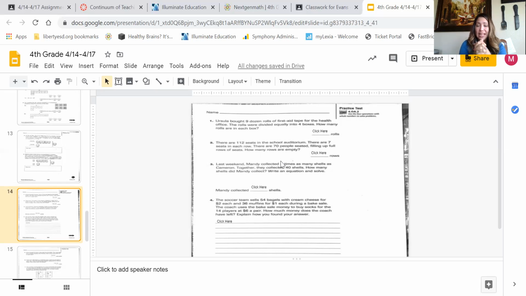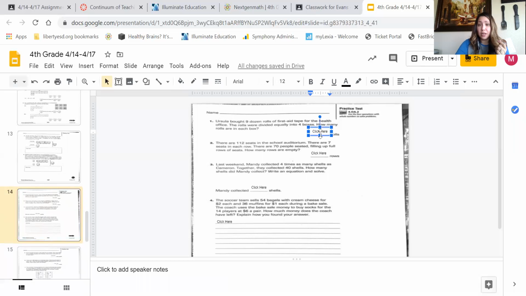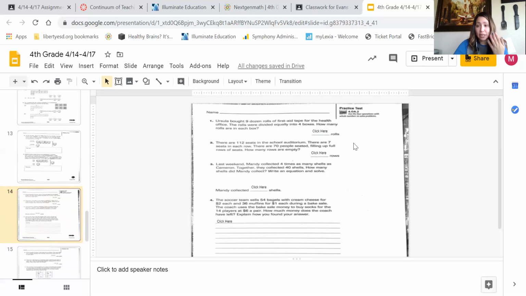It's asking those rolls were divided into 4 boxes. So now you're going to do 9 times 12, and I'm going to tell you it's 108. Okay, so I have 108 in my head. But now I need to divide 108 by 4, and that's going to give me my answer. And that is what I put here. So 108 divided by 4, that's how many rolls are in each box.